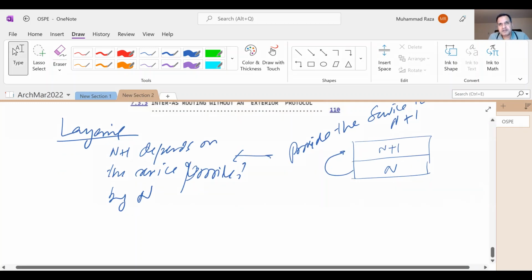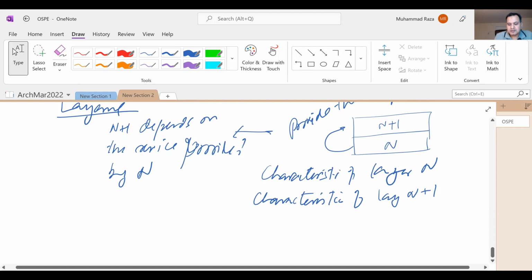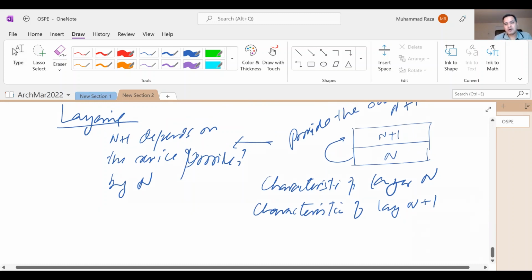So the argument here is that there are two characteristics: a characteristic of layer n and a characteristic of the layer above. As a matter of fact, whenever you talk about peer-to-peer protocols, you are talking about a layered system.